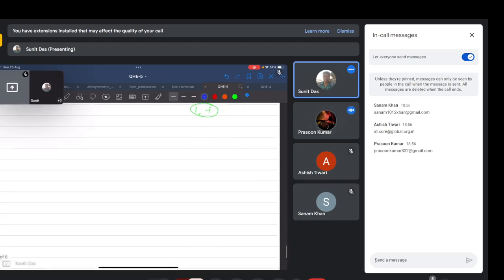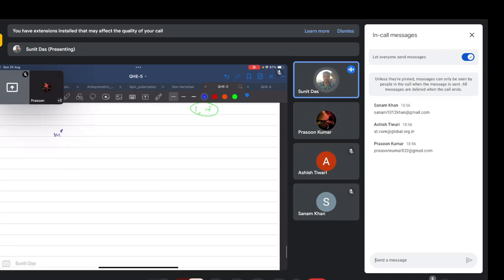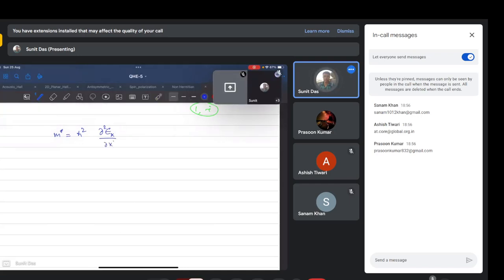Okay, so the conventional effective mass is given by simply h bar square del 2 epsilon k, del k2, and the effective mass is the inverse of it.